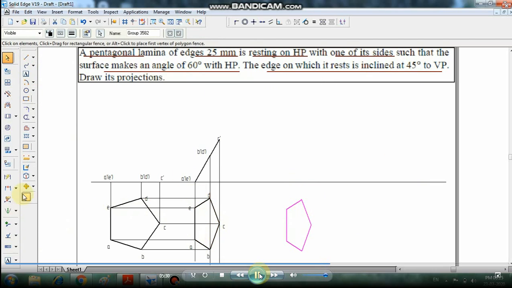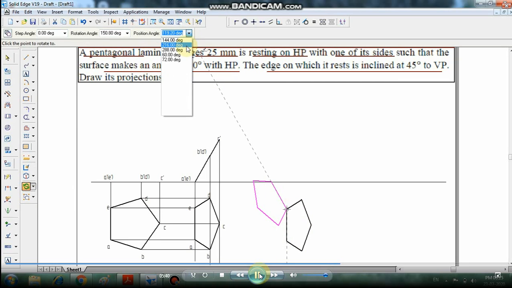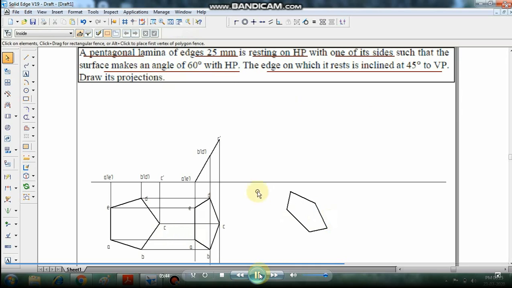Select the edge on which it rests; this edge should be rotated to 45 degrees to the VP. So this is the edge. Since it is below the reference line, we have to give -45 so that it is rotated here, and you can check the angle between the reference line and the edge, that is 45 degrees. Fine.